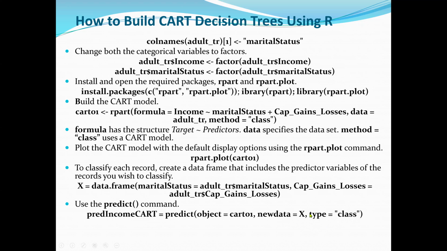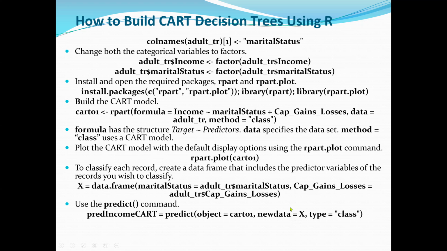So again, to obtain the classification for each record in the data set using the CART model, we first need to create a data frame, and that's what we did. That includes the predictor variables of the records you wish to classify. Now the data X here contains the two predictor variables that we use to build the CART model.